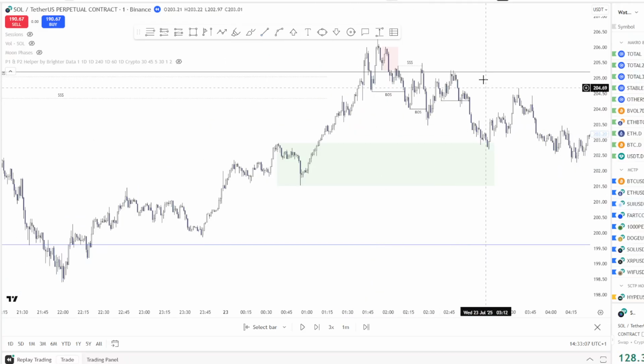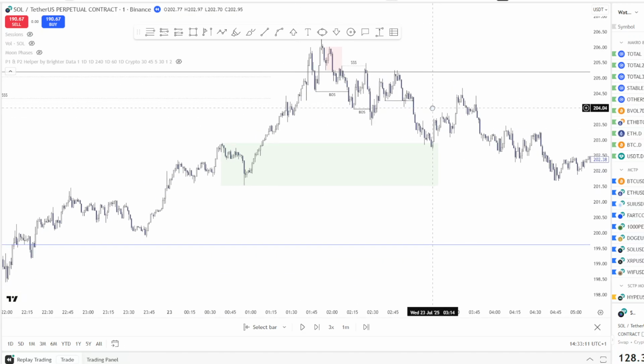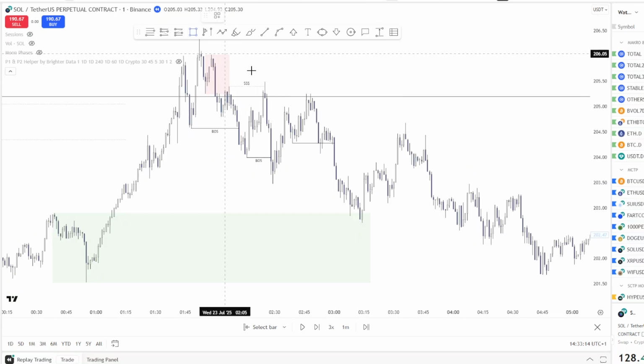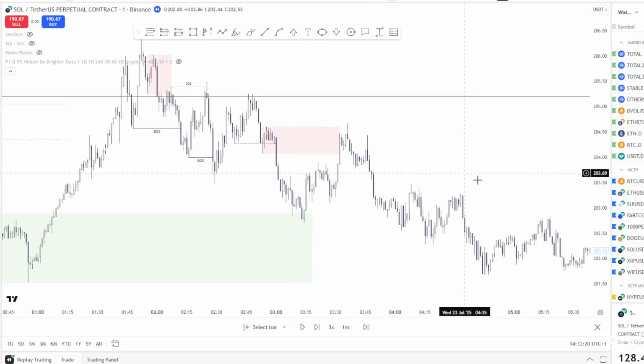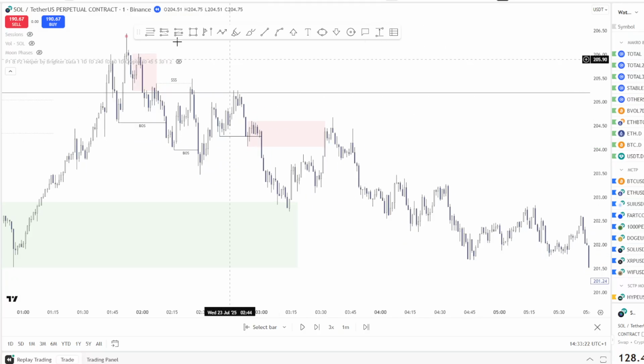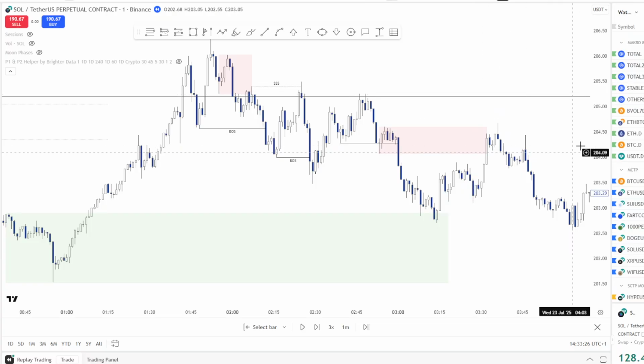So what, well, I was very focused on the slow move down and did not notice that we were creating supply coming down, even though there was so much liquidity building up here.